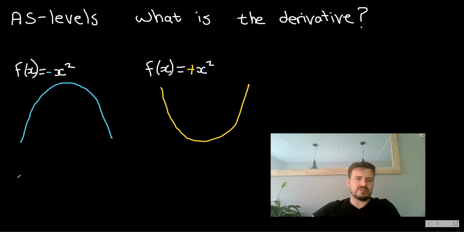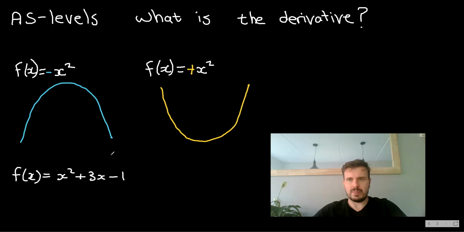So even if you had a graph, say they told you the graph of f of x equals x squared plus 3x minus 1. Just looking at that, if you wanted to know if it's happy or sad, in other words, the parabola goes up or down, we only look at the number in front of the x squared, and we see there's a positive here.